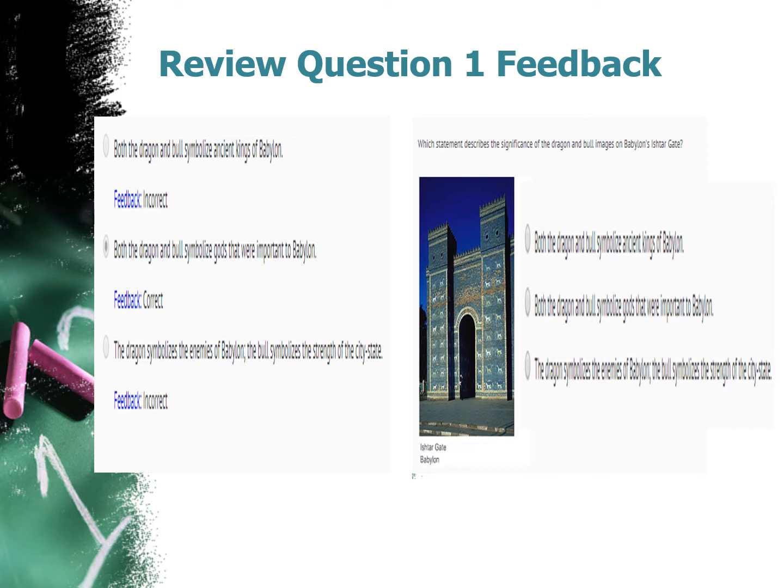And the kings actually built palaces and temples on a monumental scale. I think that would be pretty monumental, that Ishtar Gate, to overwhelm visitors and demonstrate the power of the kings and the gods. So that would be our correct answer.